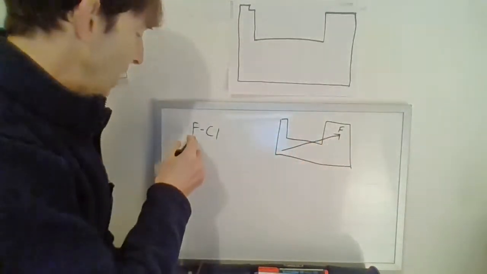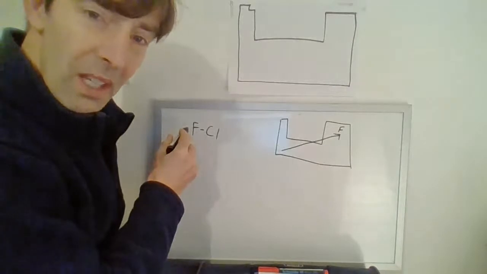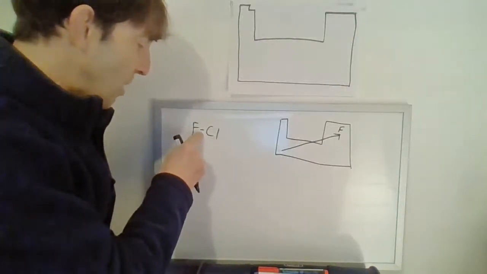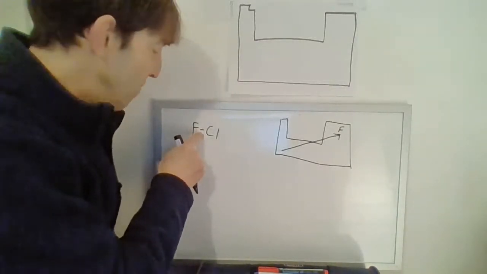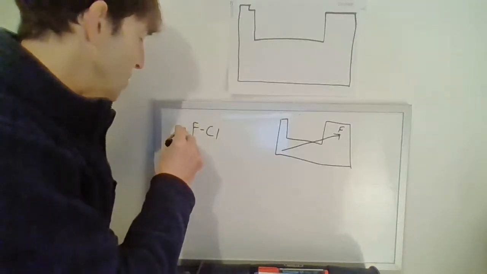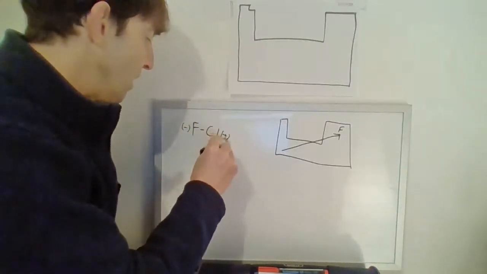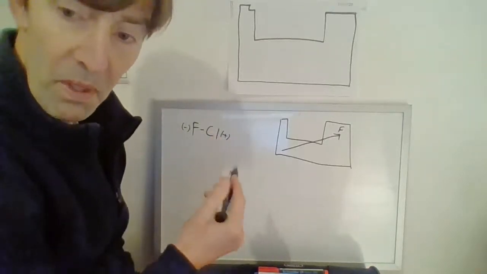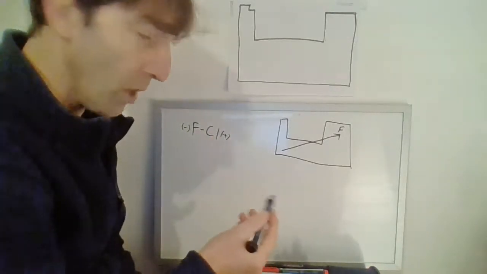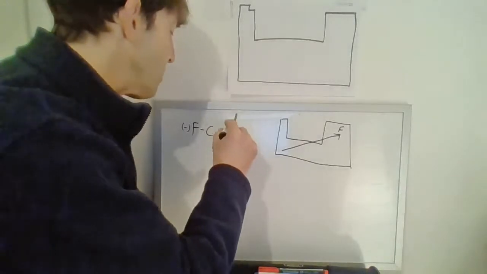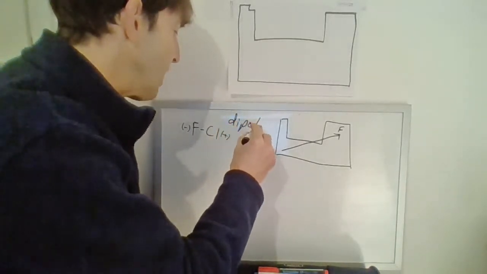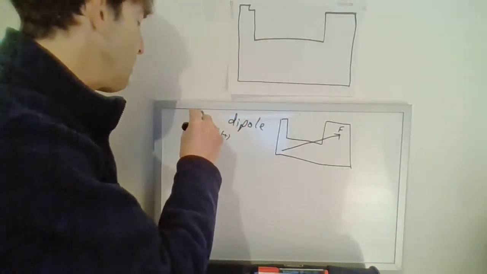Okay? So F is more electronegative. What that means is the shared electrons in the covalent bond, they're getting pulled more towards the F side. So F side is more negative and the Cl side is more positive. We call that a dipole. Makes sense, right? Two poles, one positive, one negative. So dipole. So we say FCl has a dipole.